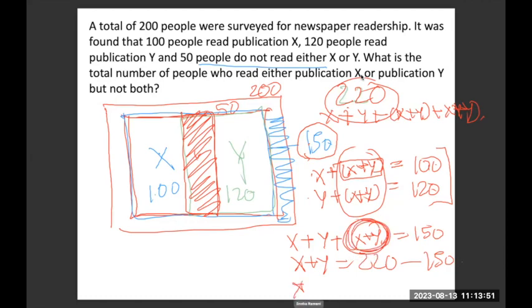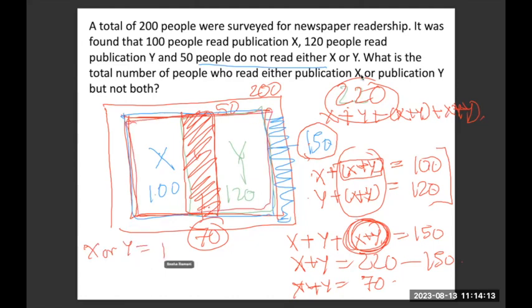That intersection who reads both X plus Y will be equal to 70 people, which will come here. Now I know this is 70. Then the number of people who read either X or Y will be equal to 150 total, which is this box, minus 70, which is 80 people.